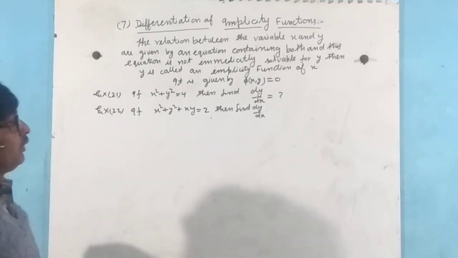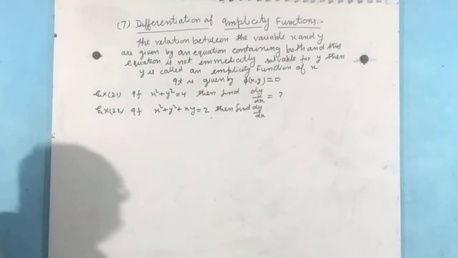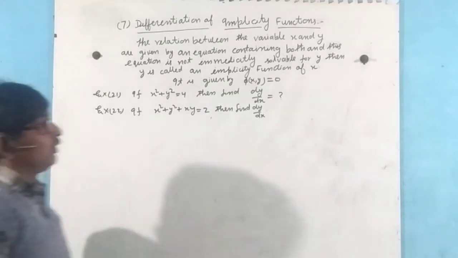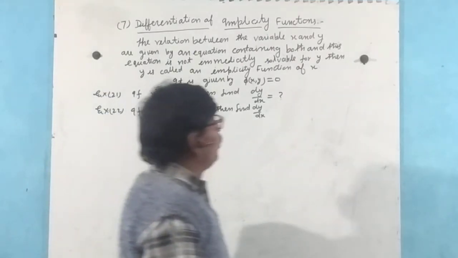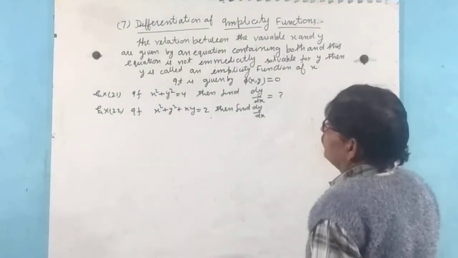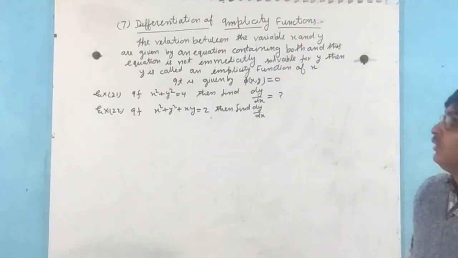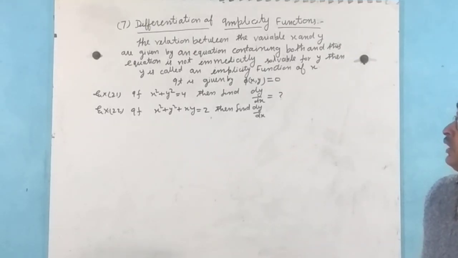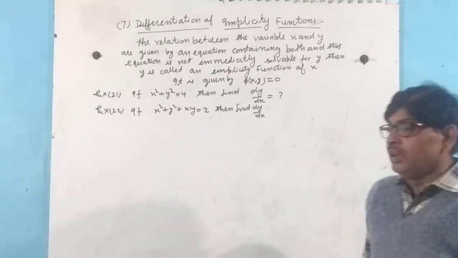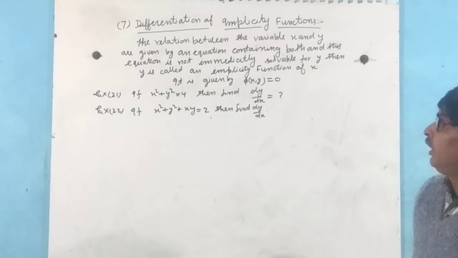The relation between the variables x and y is given by an equation containing both. If this equation is not immediately solvable for y, then y is called an implicit function of x and it can be written as phi of x y equal to 0.